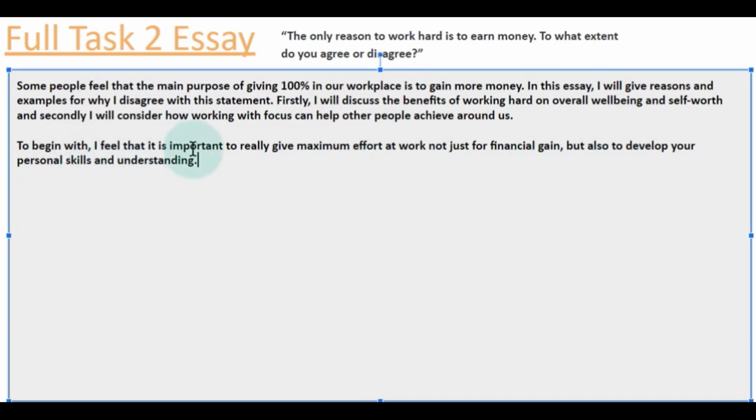To begin with, I feel that it is important to really give maximum effort at work, not just for financial gain, but also to develop your personal skills and understanding. It seems clear to me, a nice opening conjunction.